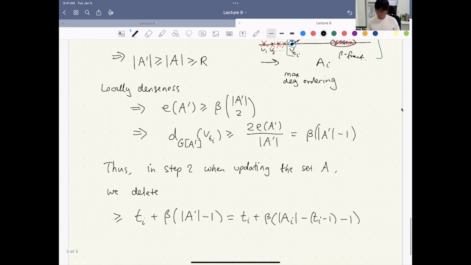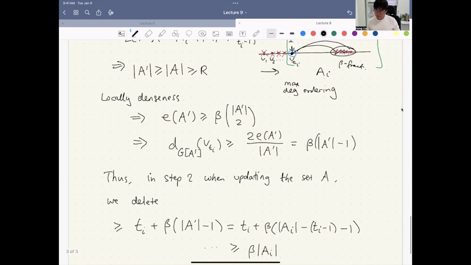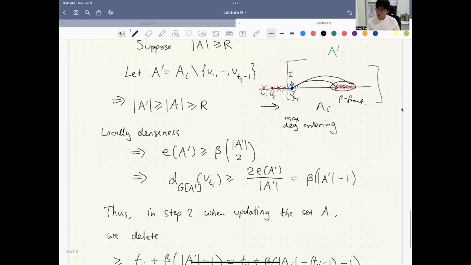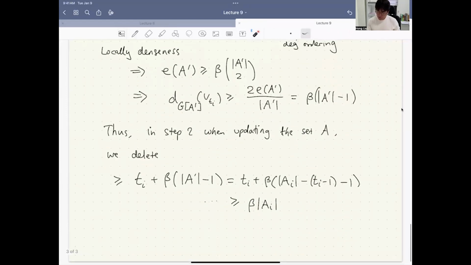If you do this calculation, I will skip it, it is at least a beta fraction of AI. And this is the process of passing from AI to AI plus 1. So from AI to AI plus 1, we delete a beta fraction of AI.